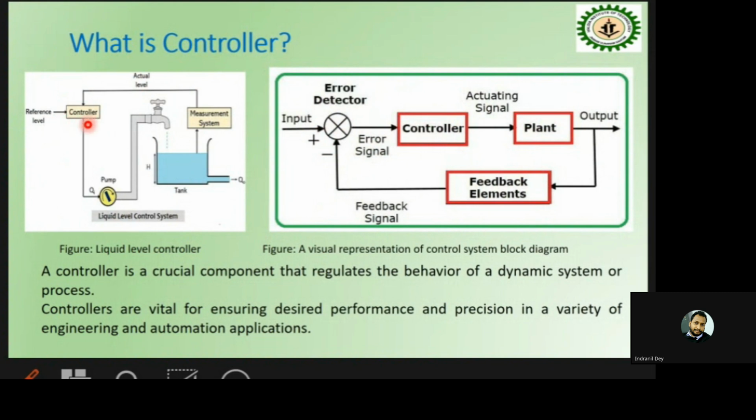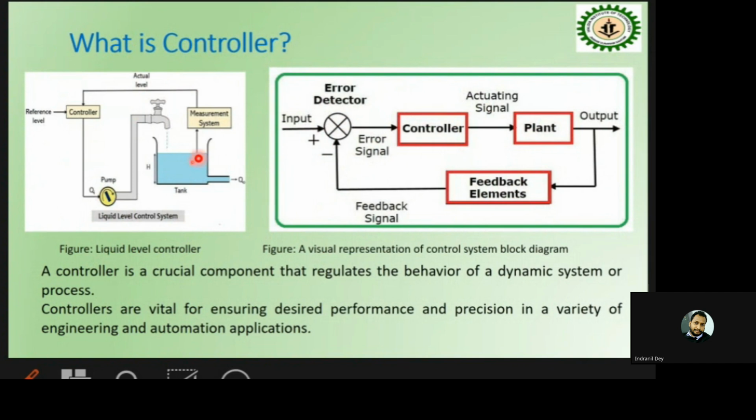In that case, it will give the signal to the pump. The pump, which is basically our actuator, will give more flow to the tank or less flow to the tank according to the need of the desired height. Let's say an instant where the height of the tank is 10 centimeters and my desired level is 7 centimeters.